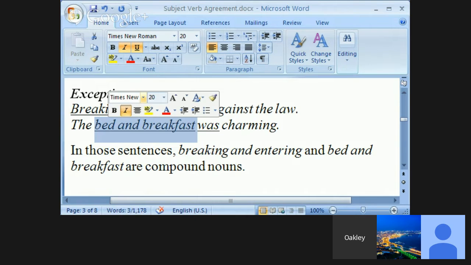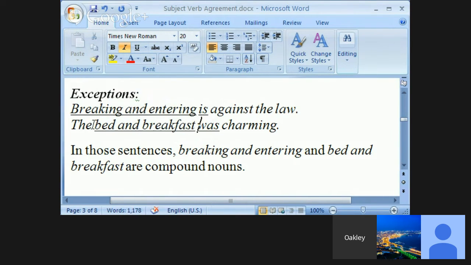Crime. That's right. Okay. Do you know what a bed and breakfast is, Carvalho? Yes. Okay. Have you ever stayed at a bed and breakfast? Hint, hint, hint. It's a type of hotel, right?